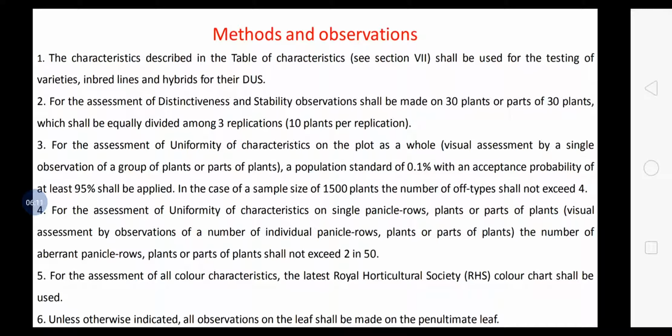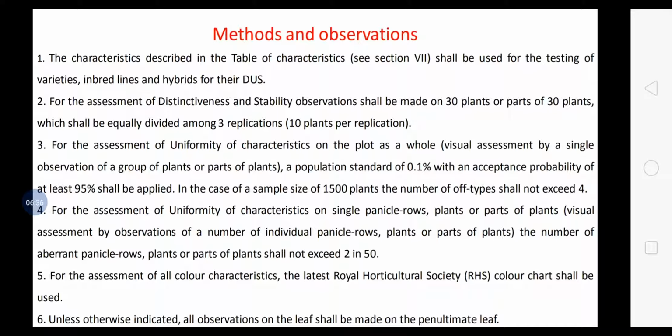In case of sample size 1,500 plants, the number of off-types shall not exceed 4. For the assessment of uniformity of characters on single panicle rows, plants or parts of plants, the number of aberrant panicle rows or plants or parts of plants shall not exceed 2 in 50.